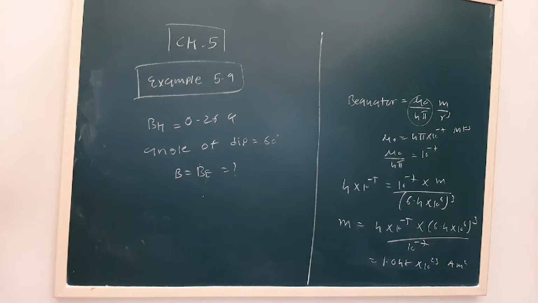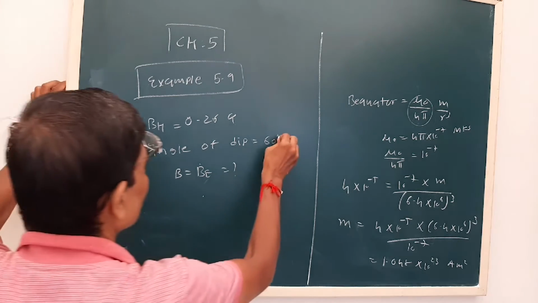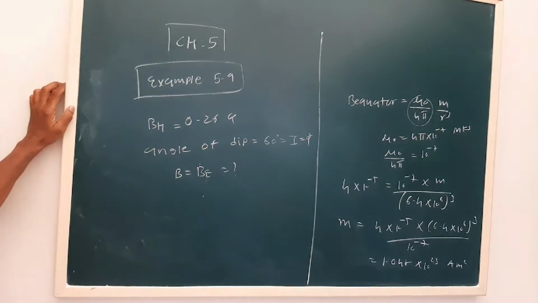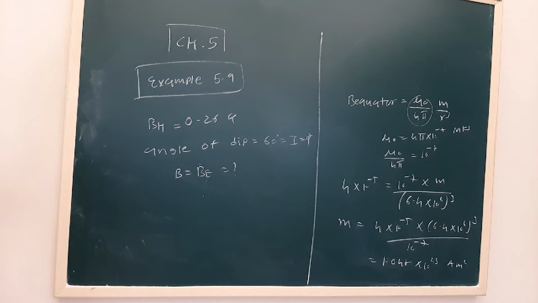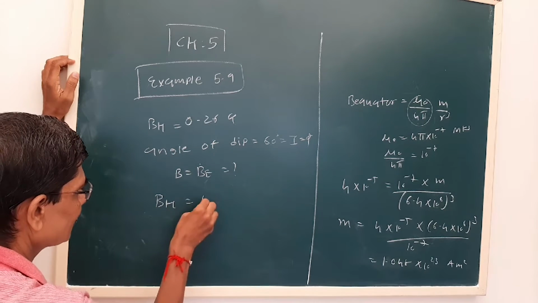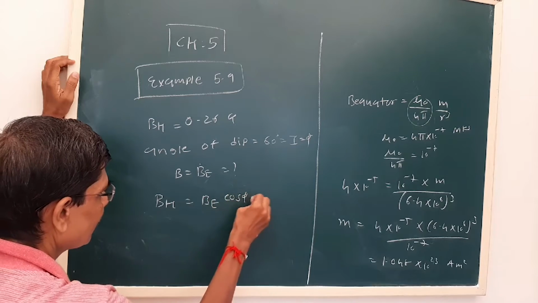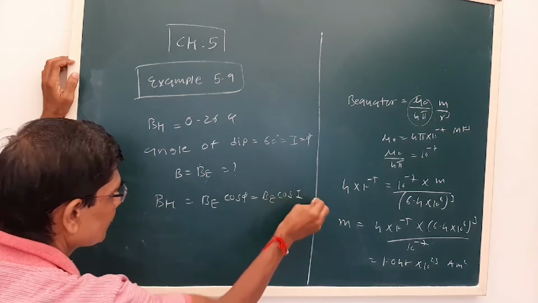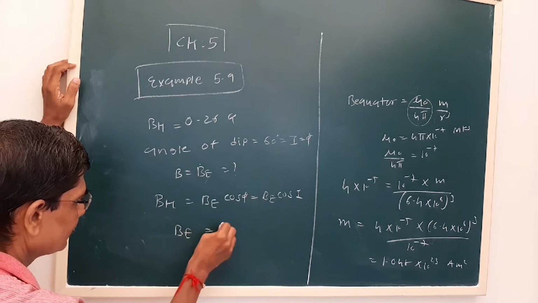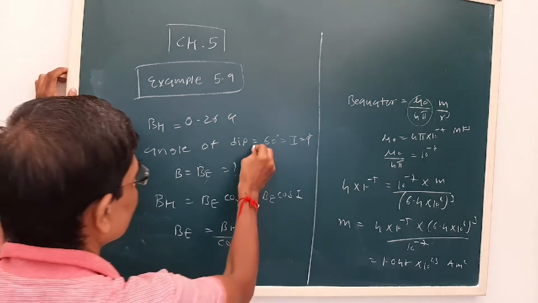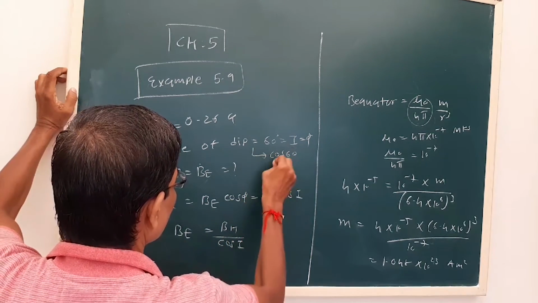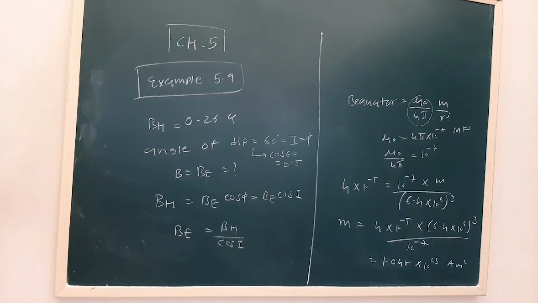The angle of dip is I or phi. Now what is the formula for the horizontal component of the earth's magnetic field? BH is BE cos phi, or BE cos I. We want to find BE, that will be BH upon cos I. The angle of dip is given as 60, and cos 60 is 0.5, so you can substitute the value.